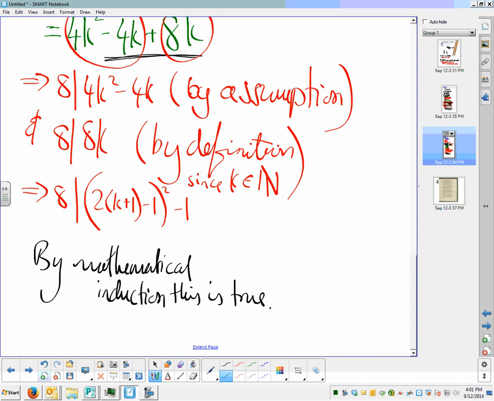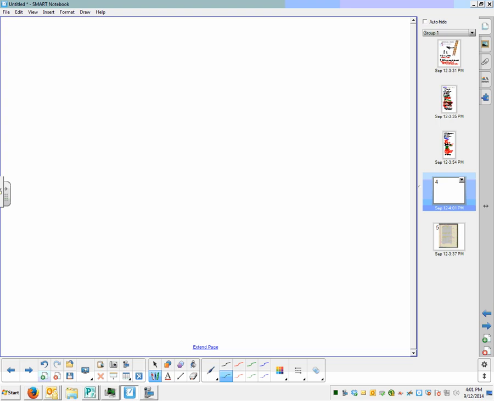Okay, I'm going to ask you to try one dead simple one yourselves for the lesson, and that's to prove that the sum of the integers from 1 to n is equal to n over 2 times n plus 1. Formula you've seen many times.